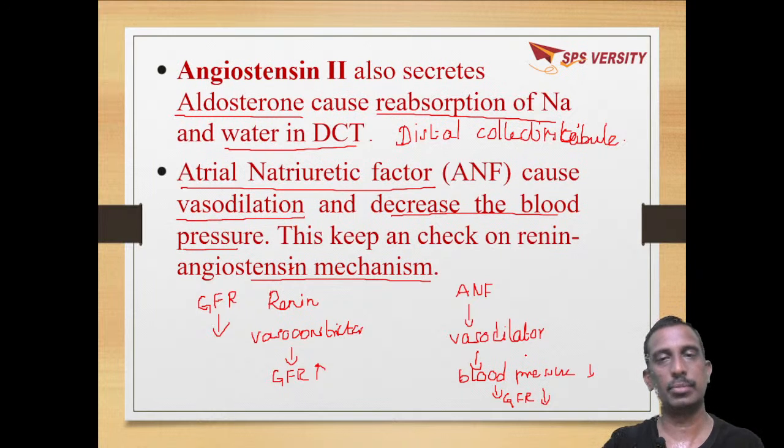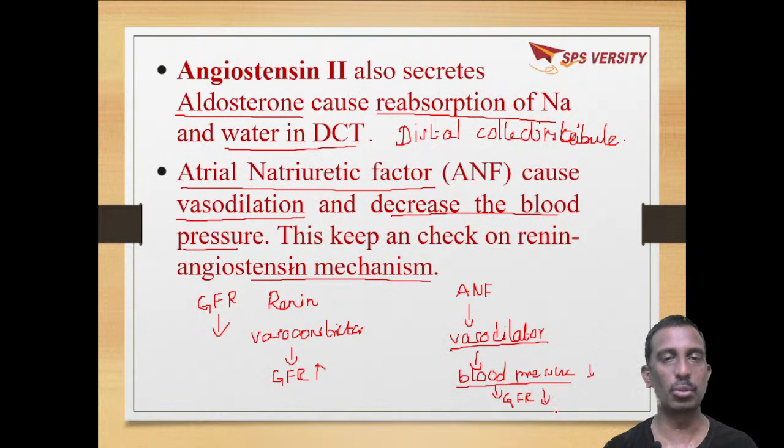The opposite is atrial natriuretic factor, which is a vasodilator, which will decrease the blood pressure. It will be secreted when there is a rise in glomerular filtration.